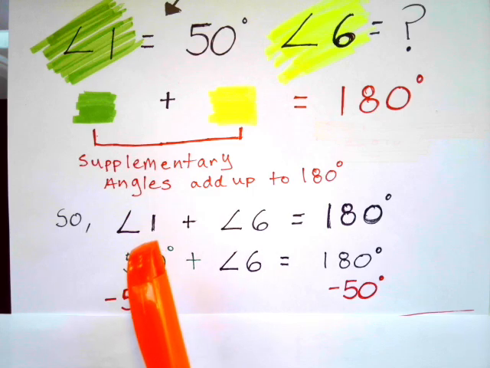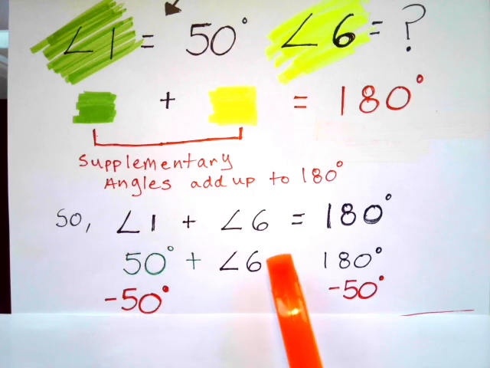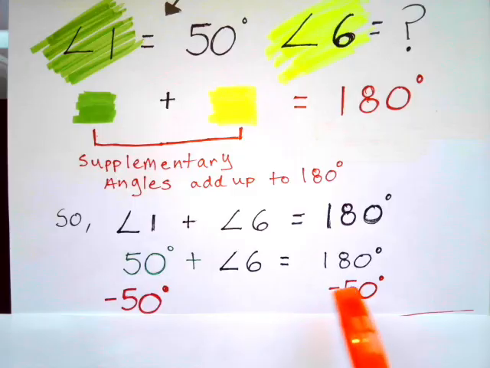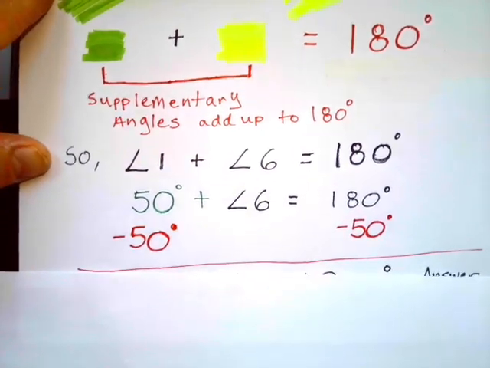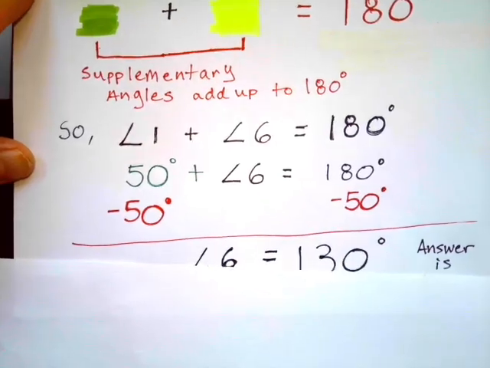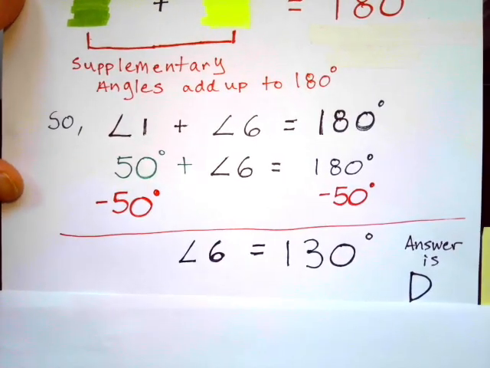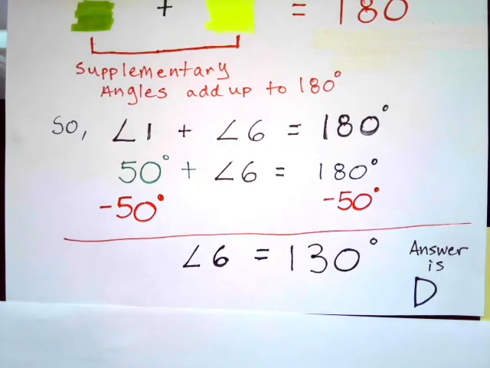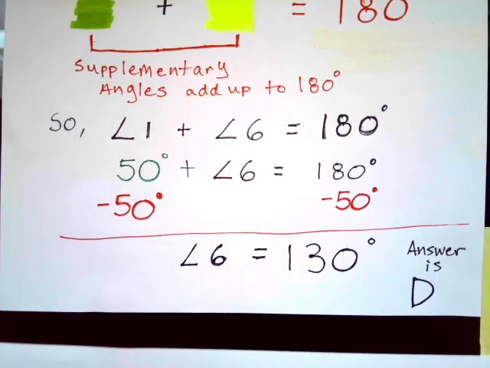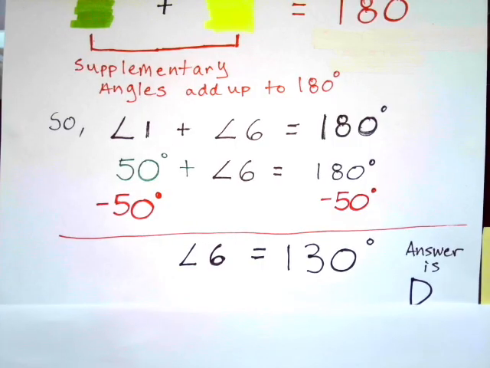I'm only left with angle 6 on the left side of the equal sign. 180 minus 50 equals what? 130 degrees. So your answer in that part 1 video is going to be D, 130 degrees.